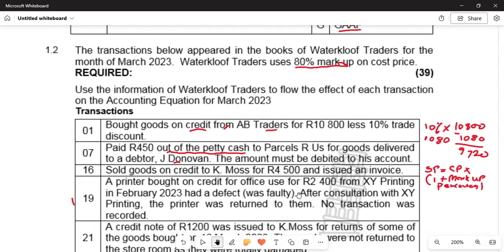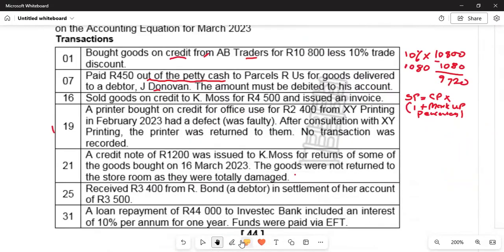So one can ask, where is this one coming from? The one represents the original cost price, which is 100% of the cost price. We produce or manufacture the products at 100% cost price.